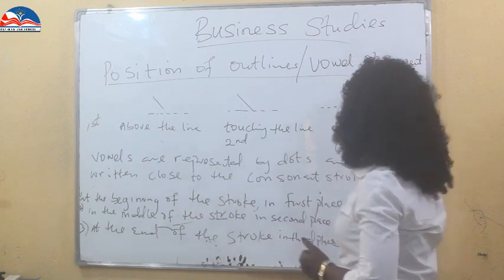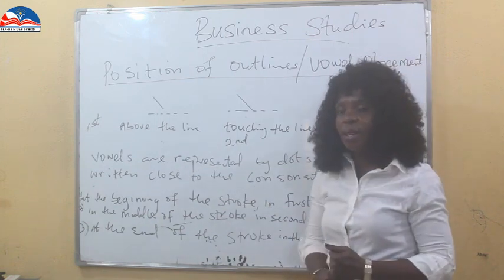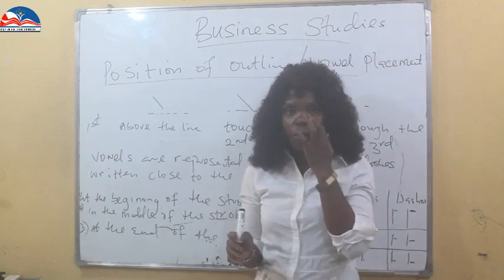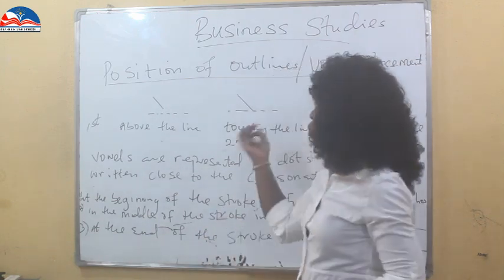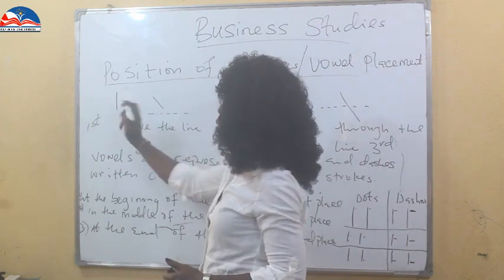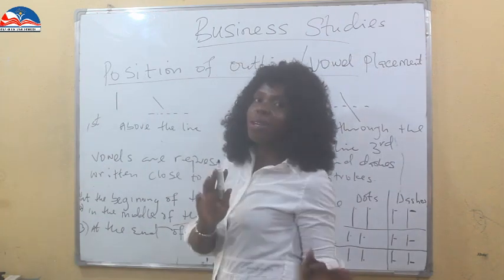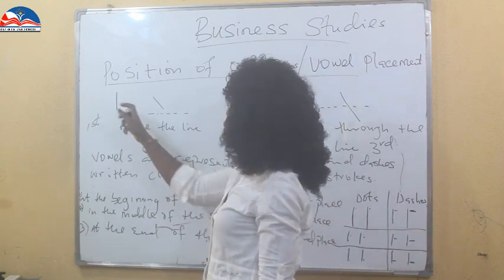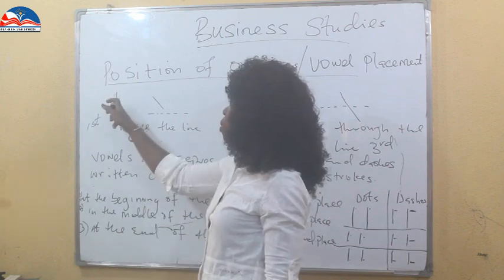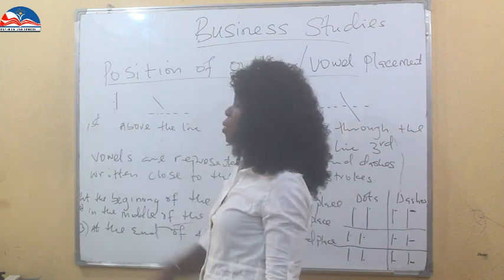Then we are going next to our vowels. Vowels are represented by dots and dashes. I've told you that in this class. And they are written close to the consonant strokes. Let's take for example, if this is a consonant stroke, T. If I'm placing a vowel sound, it is going to be close to it. It's either going to come in the first place, in the second place, or in the third place.